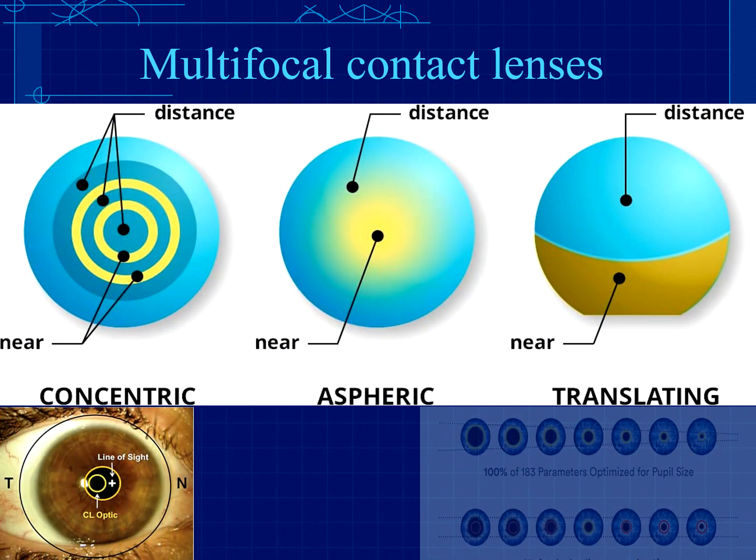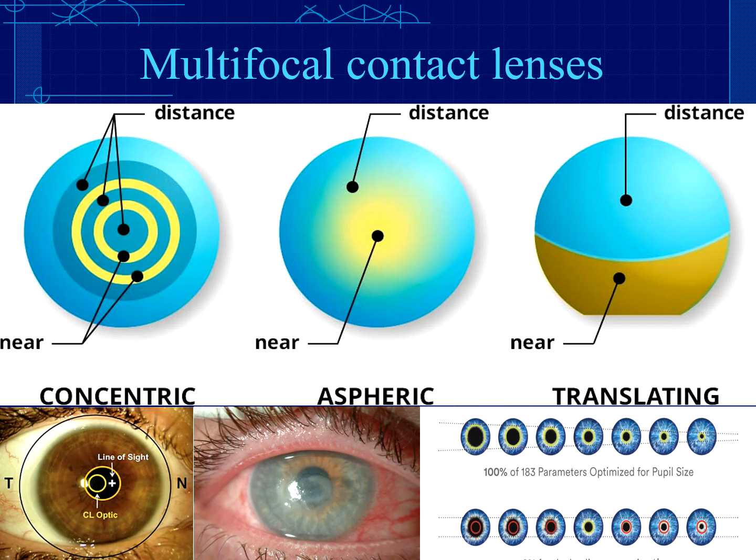Actually, another issue for the contact lenses is the proper fitting of the contact lenses. It means the power of the contact lenses should be selected in a manner that the proper position of the far vision, near vision, and intermediate vision is selected according to pupil size.